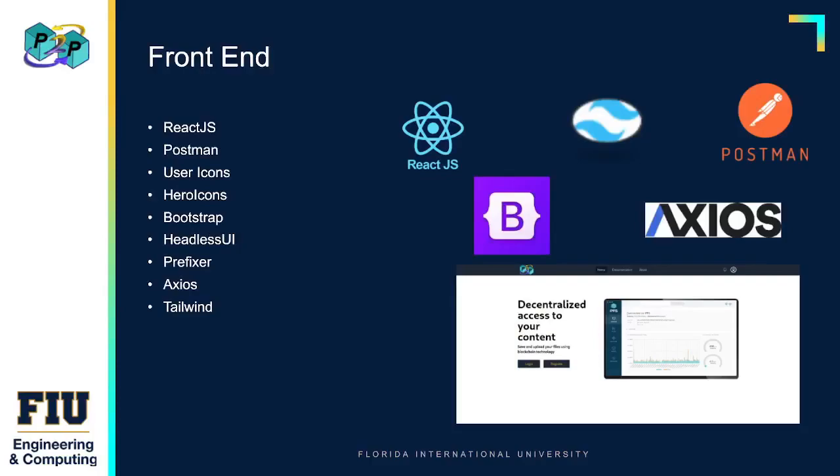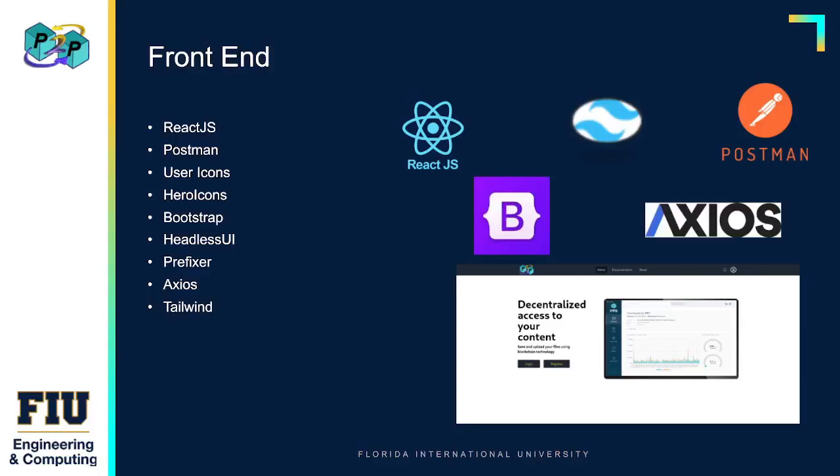So these are the front-end dependencies that we used for this project. React.js, of course, is a JavaScript library. We tested our API using Postman, and React Icons was a React library that we used for creating the images for the About page. We also used Heroicons, which are royalty-free icons, so you can add flair to your entries on the site.